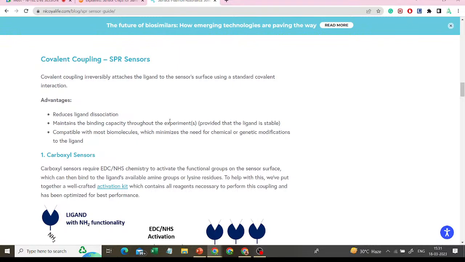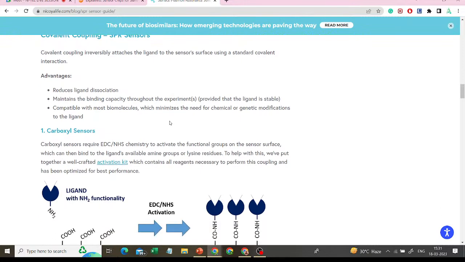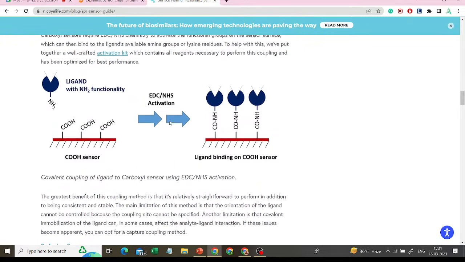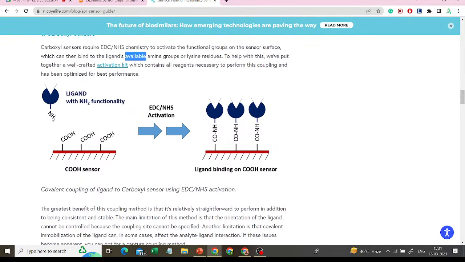It helps reduce ligand dissociation, maintains the binding capacity for the experiments, and is compatible with most molecules, which minimizes the need for chemical modifications of the ligand. Carboxyl sensors require EDC or NHS chemistry to activate the functional groups, which can then bind to the ligand's available amine groups or lysine residues.